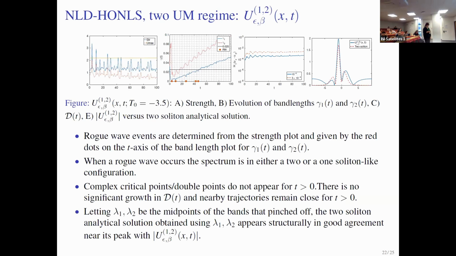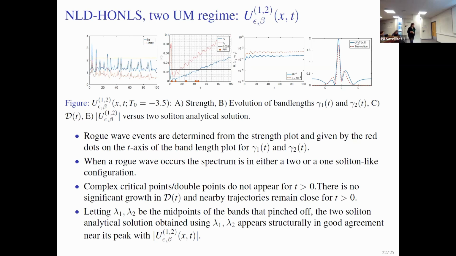Okay, so the rogue wave events are determined from the strength plot and they're given by the red bullets on the band length plot here. That's monitoring the length of gamma one, which is the blue, and gamma two, which is given by the red. And here's the threshold, 0.025.